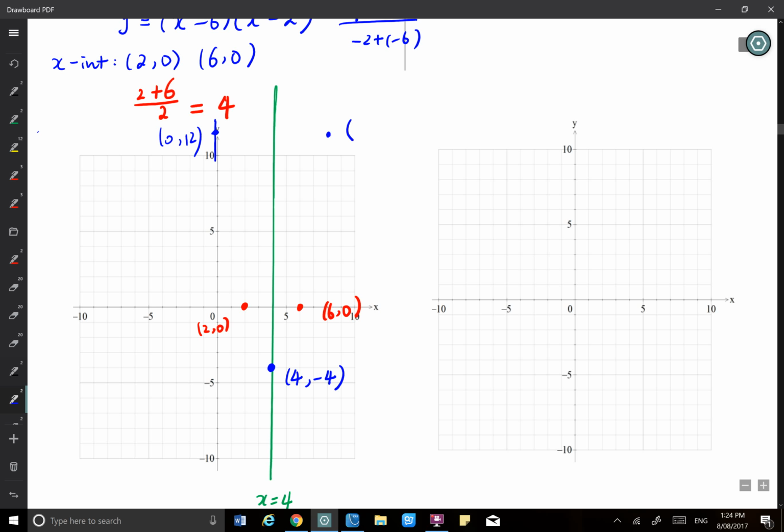And we also will have this point, which is 8, 12. Okay, because it's symmetrical, you have 0, 12, then you must have 8, 12. Just a little bit above here.